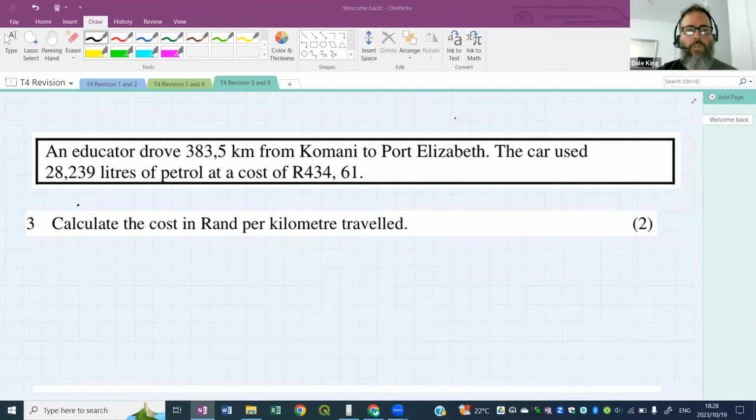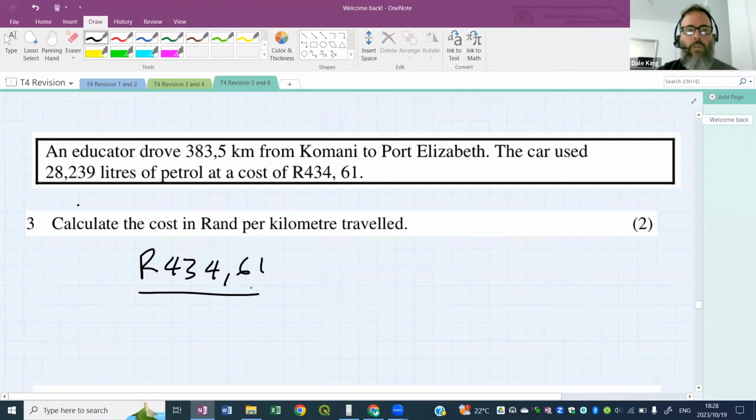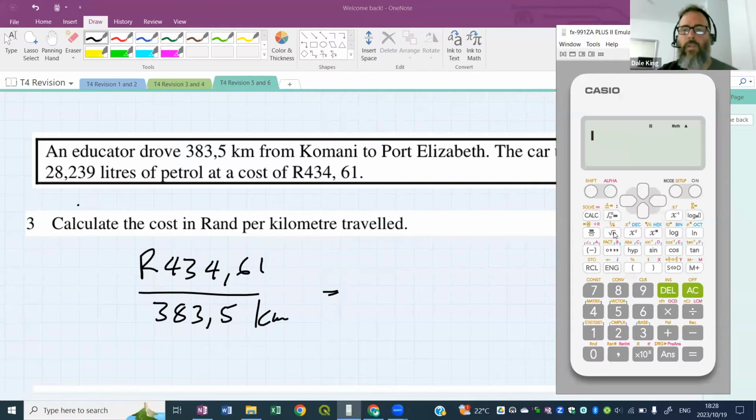Okay, so what we're going to do is we're going to say 434 rand 61. We got this many rands. We want to know how many rands for each kilometer. Well, here they are. This is how many of them we have. So we're going to get our calculator again and put on top there 434.61, and underneath, we're going to put 383.5.